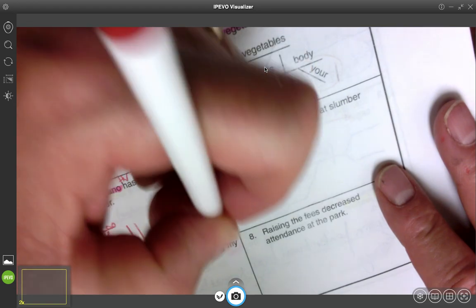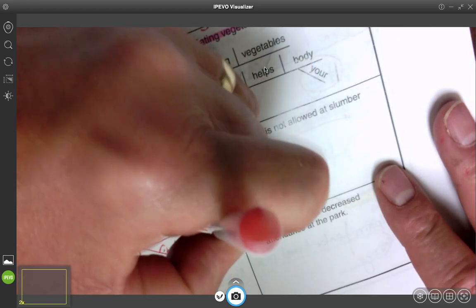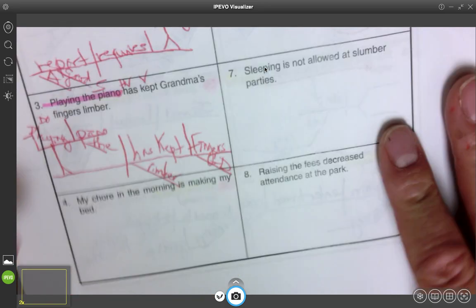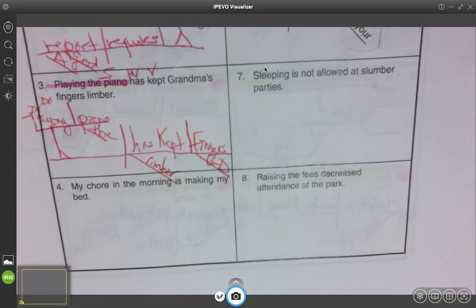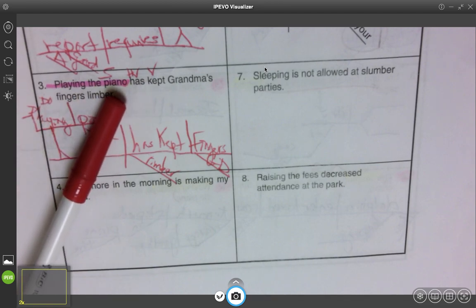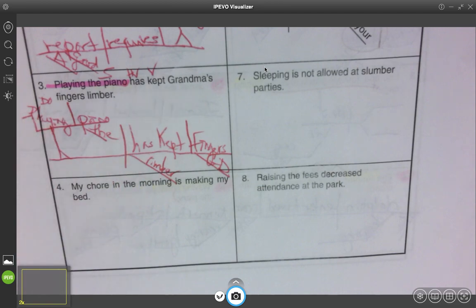Limber. And grandma's fingers. Subject is the gerund, playing, along with the object which makes it the phrase, has kept, fingers, direct object.